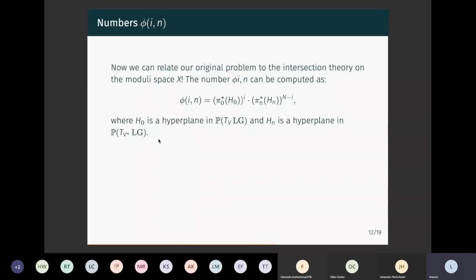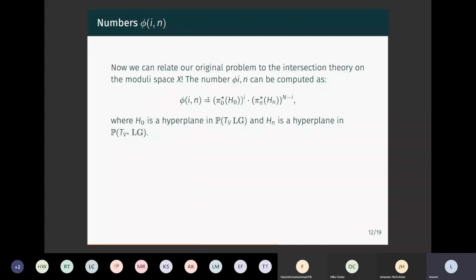So now let's come back to our original problem. We want to compute these numbers phi of i n. And now we can relate this problem to intersection theory on this space X. If you remember what we need to do, we need to compute this bidegree, which comes from intersection of a hyperplane pulled back from the first factor of projective space to the power i, and the second factor of projective space to the power capital N minus i.